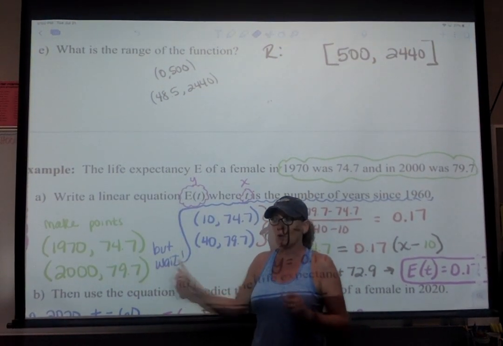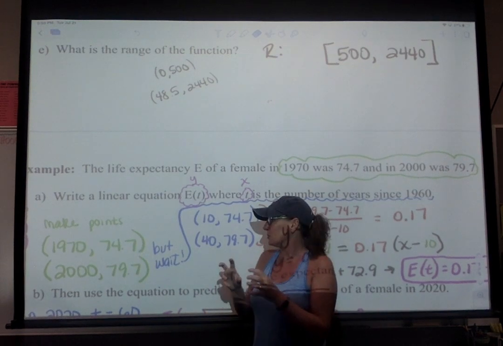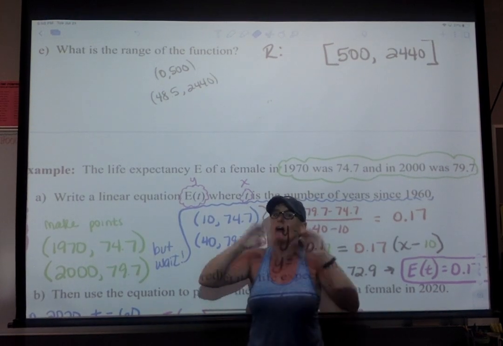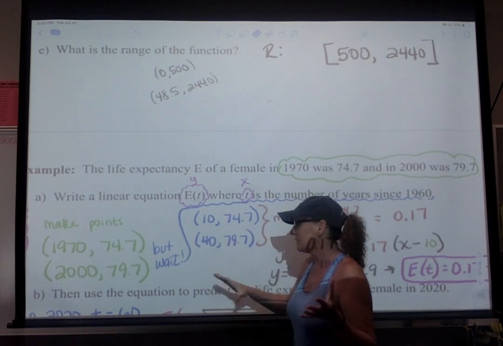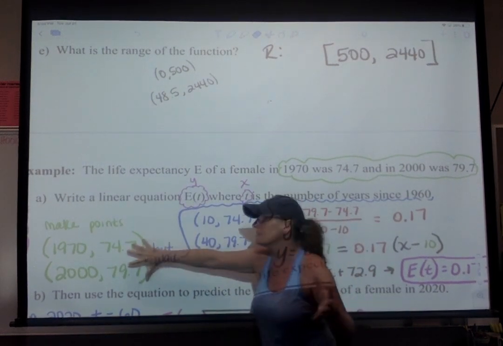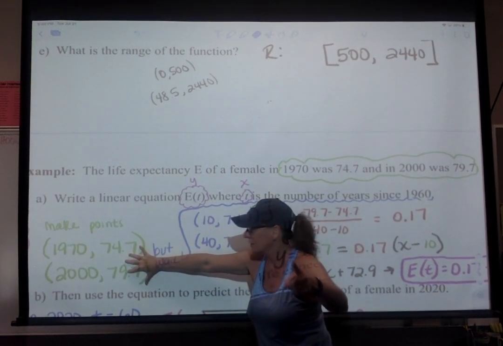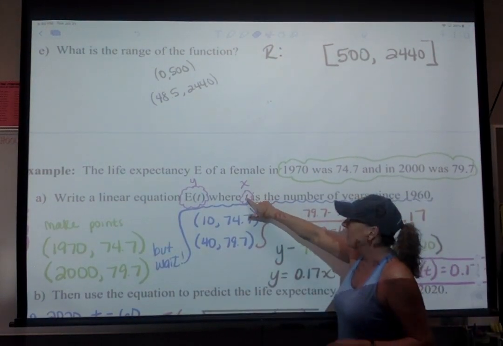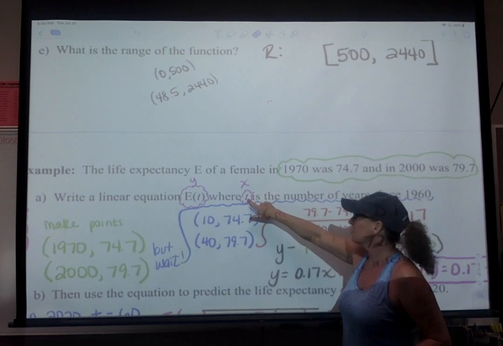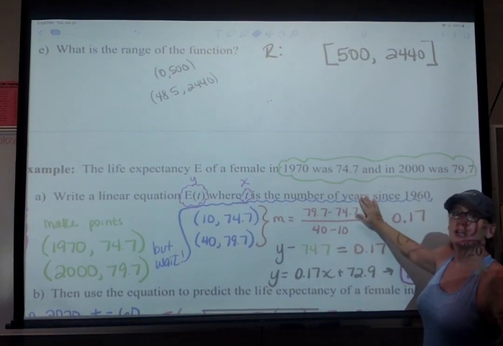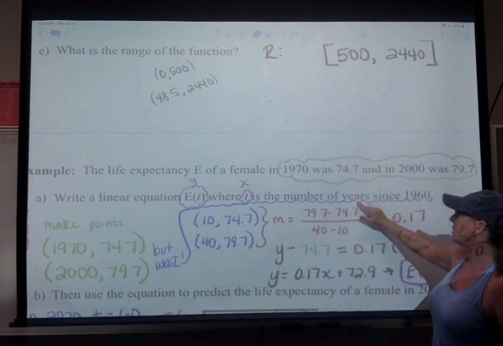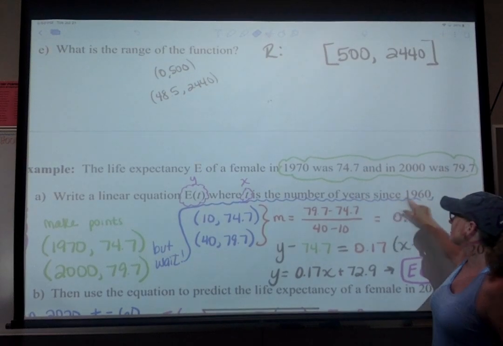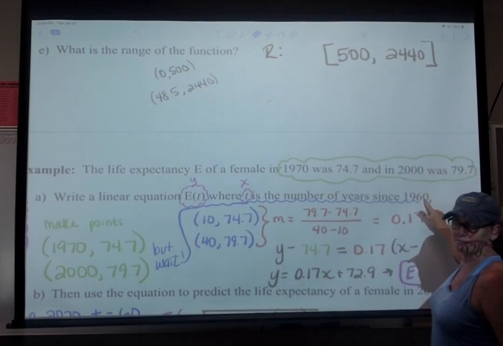This problem wants you to change it so your numbers aren't outrageously big. So it says, hold on a minute. Yes, you're set up correctly, but when you're looking at time, that first number in your ordered pair, don't put the year. Put the number of years since 1960.